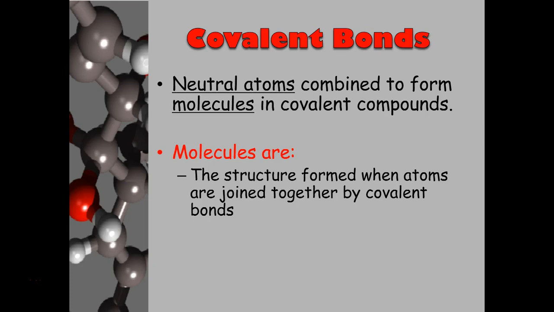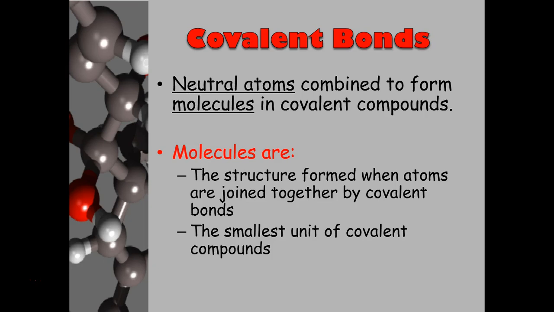But a lot of times you'll see that molecule term used really strictly with the covalent compounds, and we're talking about it as the smallest unit of that covalent compound. While I can break apart those atoms, they start to lose the properties of that compound in and of itself. So just keep in mind if you see that term specifically linked to covalent compounds, that's not uncommon, but we won't get super nitpicky about it.